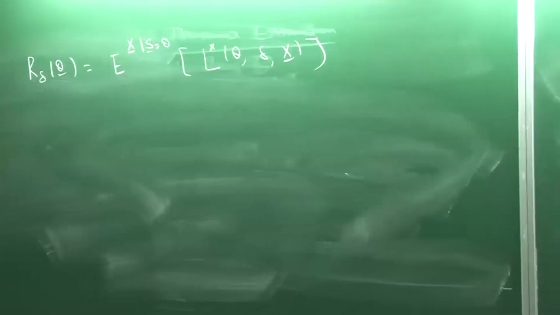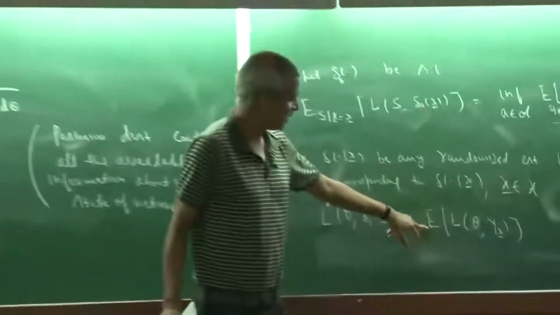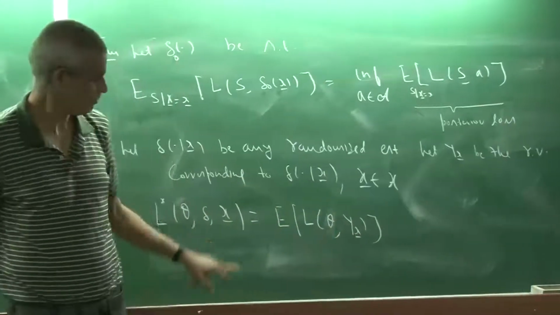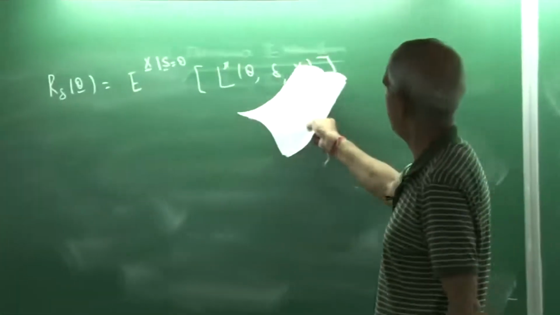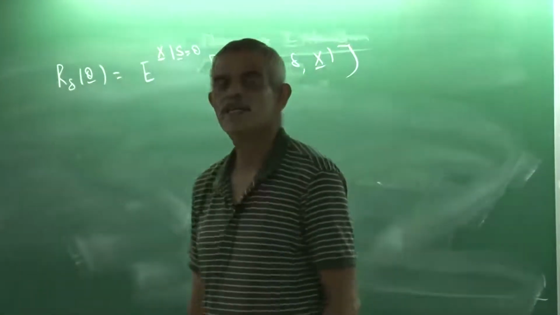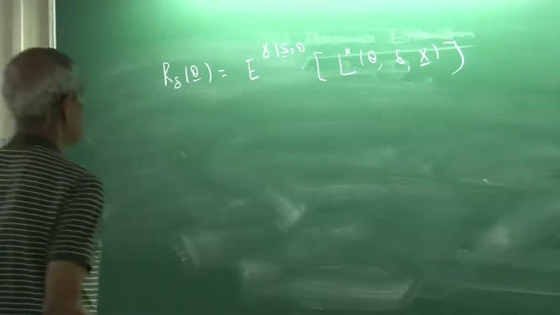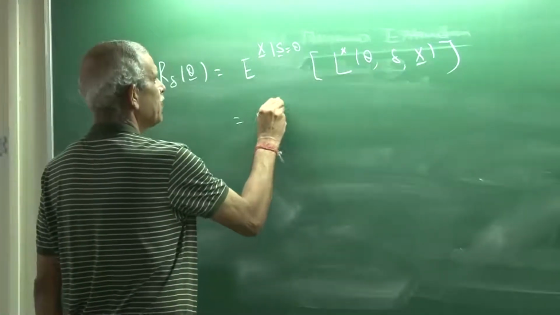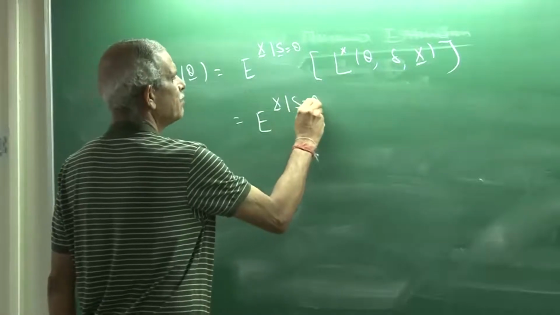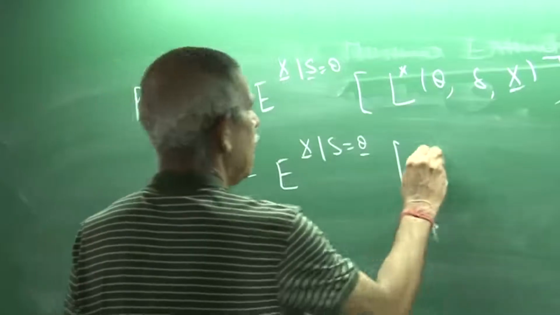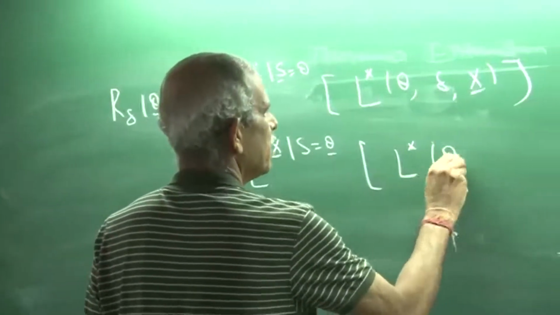One randomization over here. This expectation is with respect to the random variable Yx for a given fixed x. Now I vary x and take the average with respect to the conditional distribution of X given S equal to theta. Now this is nothing but the expected value of X given S equal to theta of L star theta.